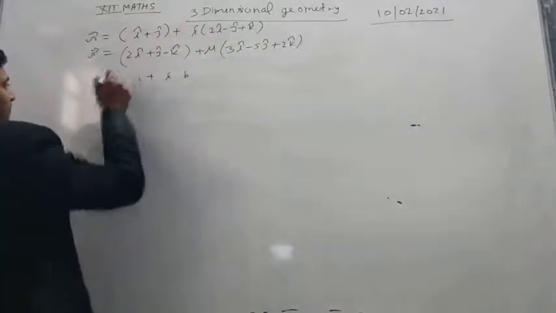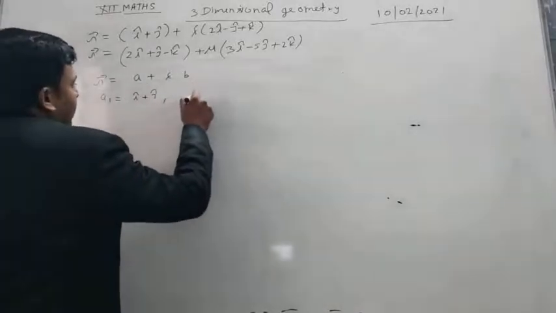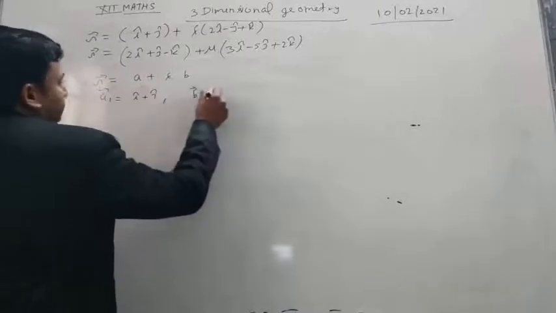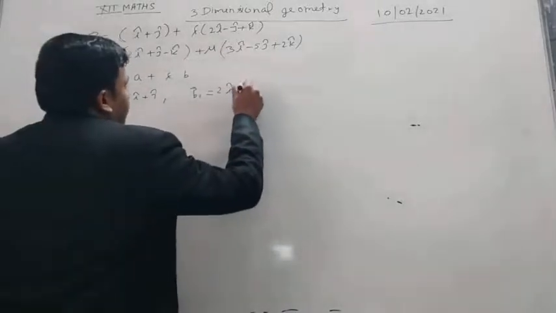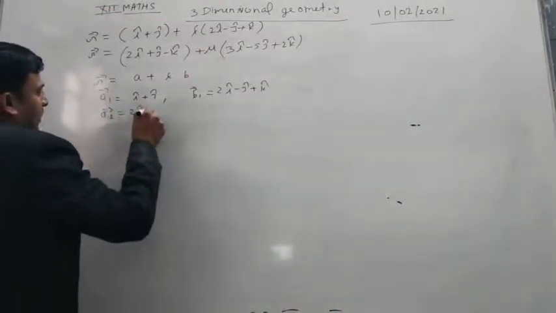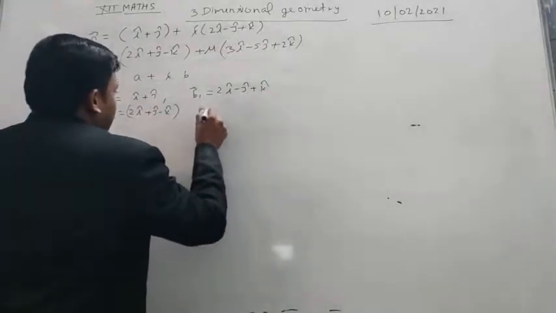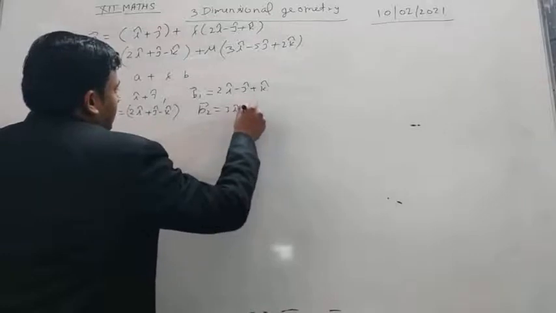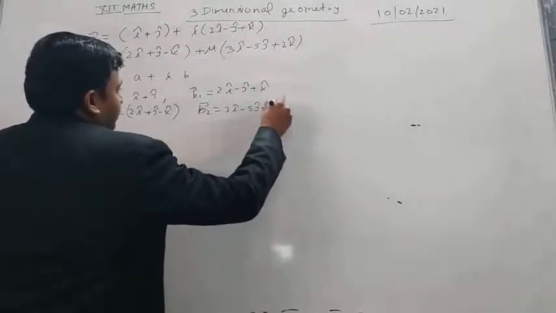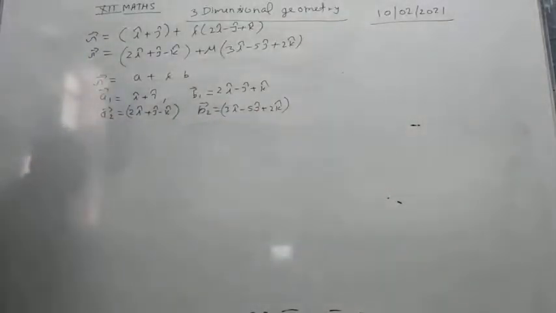Okay, students, so a1 is i plus j and b1 is, students, 2i minus j plus k, and a2 is 2i plus j minus k, and b2 is 3i minus 5j plus 2k.